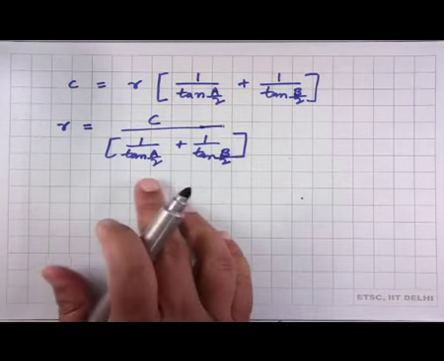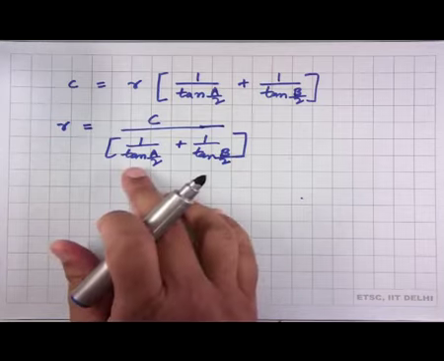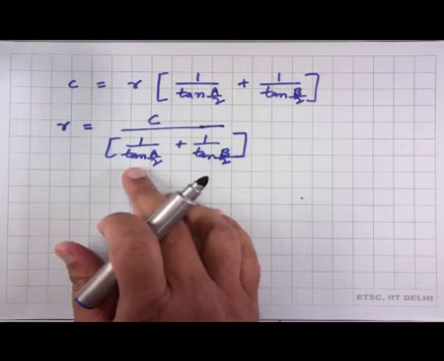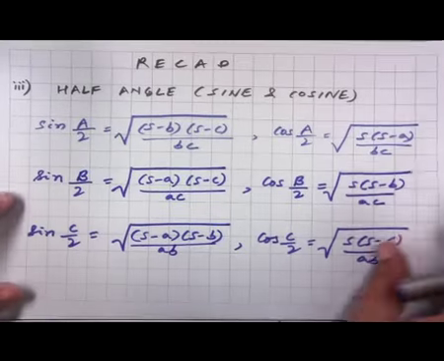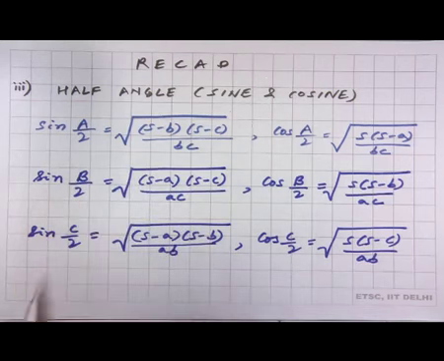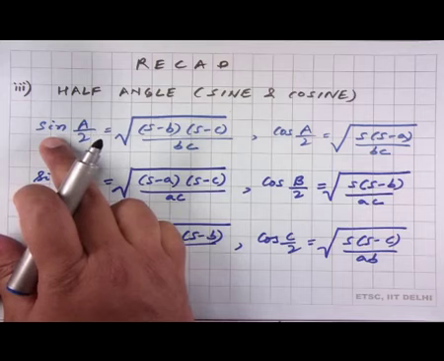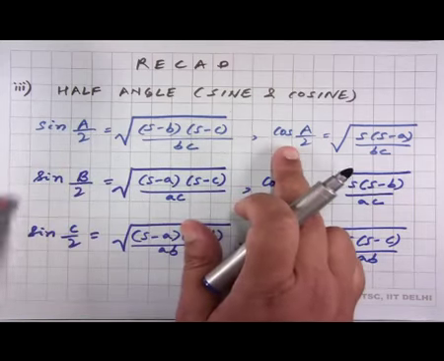And here we will have to use the formula for the sine and cosine of the half angle, which we have derived in the previous class. So this is what we had derived for the sine and cosine of the half angle. If we take the ratio of sine A by 2 with cos A by 2, we are going to get tan A by 2.